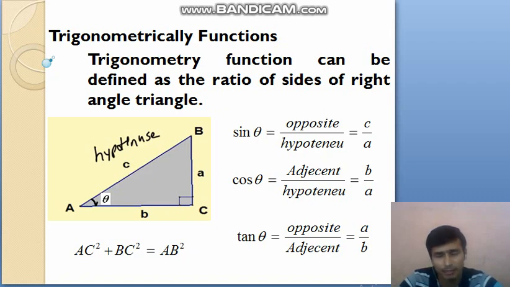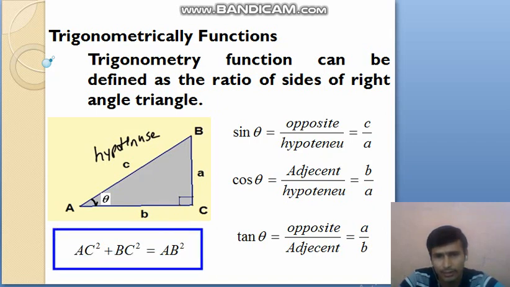And the equation of the Pythagoras theorem is this: AC square and BC square are the two adjacent sides. AC square plus BC square is equal to AB square, the hypotenuse square. So the Pythagoras theorem states that the sum of the squares of the two adjacent sides is equal to the square of the hypotenuse.